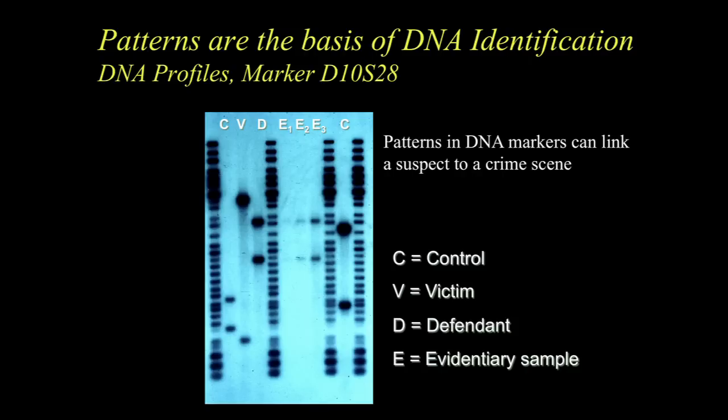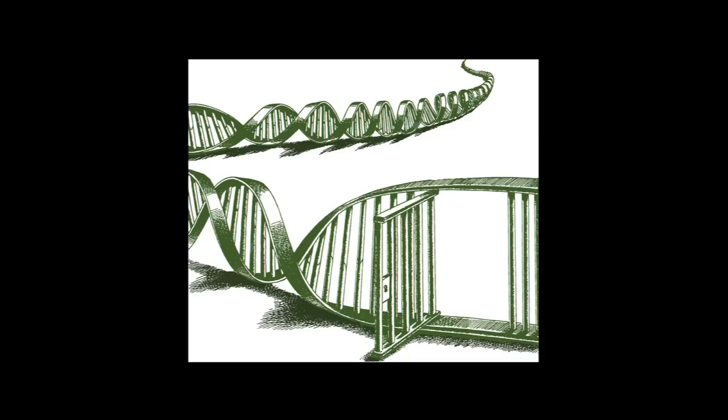It's patterns that are accumulated as evidence to support a case. And in terms of patterns then, these are the basis for DNA identification similar to fingerprints. You might think of DNA identification then as an exquisite fingerprint that is unique to an individual. So the patterns in DNA markers can link a suspect to a crime.